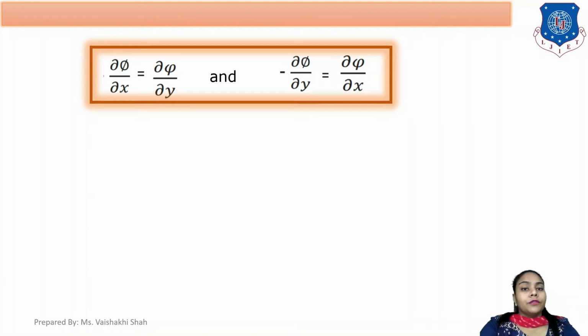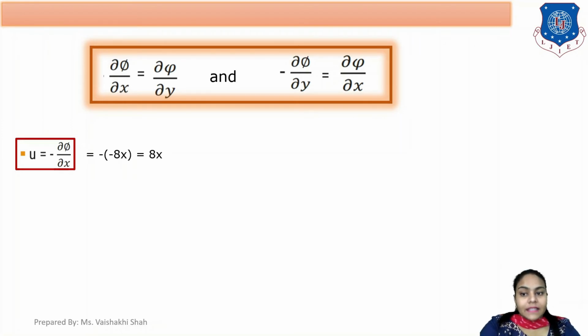Now, compare the two values of u and the two values of v. First we can write u equals minus del phi by del x. That is minus 8x, so you get u equals minus del phi by del x equals 8x.